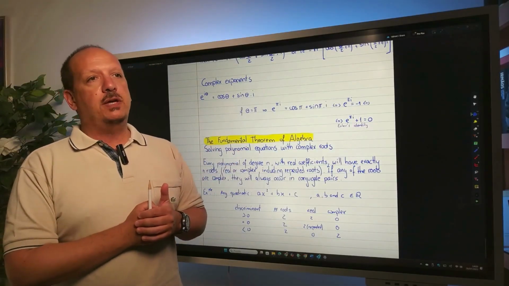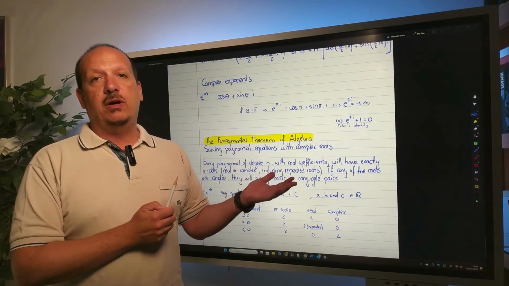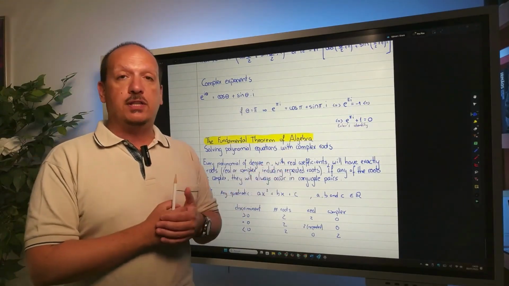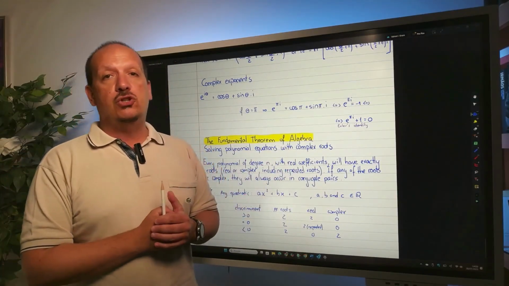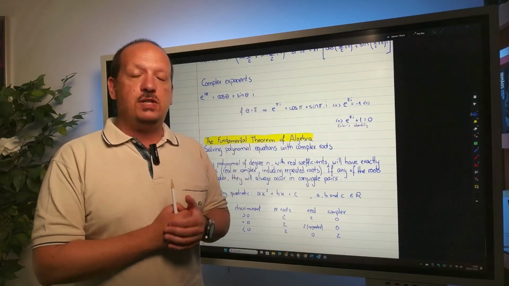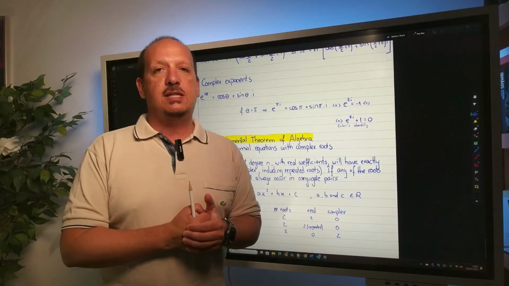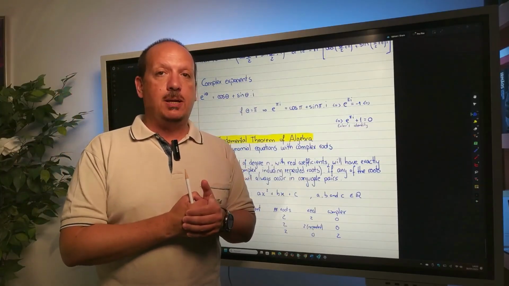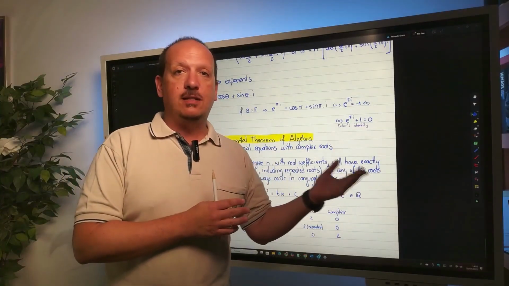Every time you would solve the quadratic formula, and you would end up with the square root of a negative number, you would stop saying that there is no solution to this equation. Actually, the term that you should be using was there is no real solution to this equation, because there will always be a complex solution.